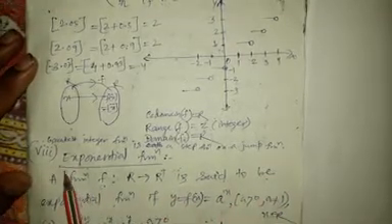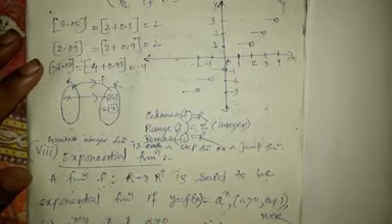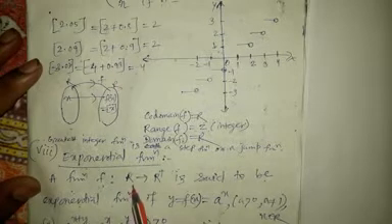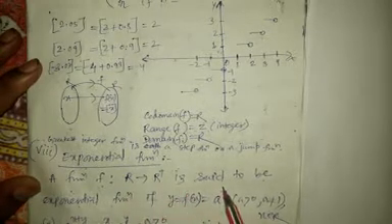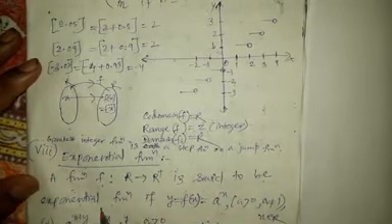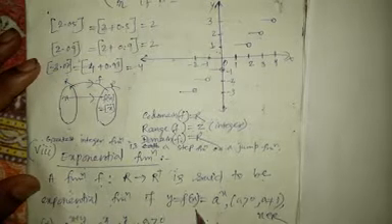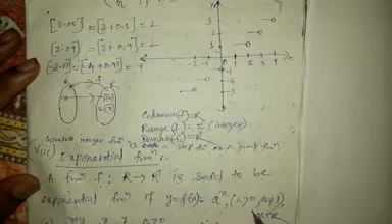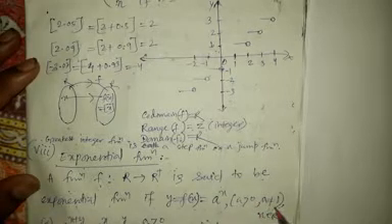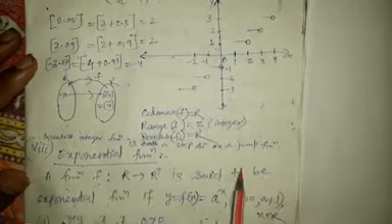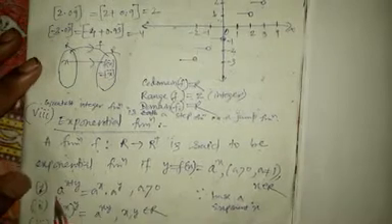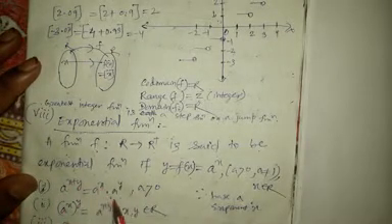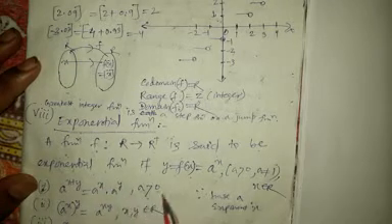Now comes the exponential function. A function f from R to R plus is said to be an exponential function if y is equal to f of x is equal to a to the power x, where a is greater than 0 and a is not equal to 1. Now a to the power x plus y is equal to a to the power x into a to the power y, where a is greater than 0.